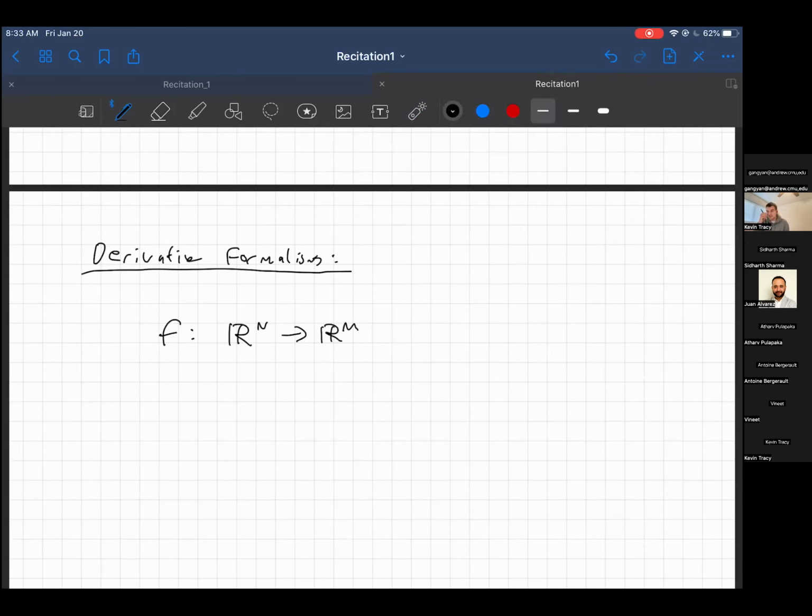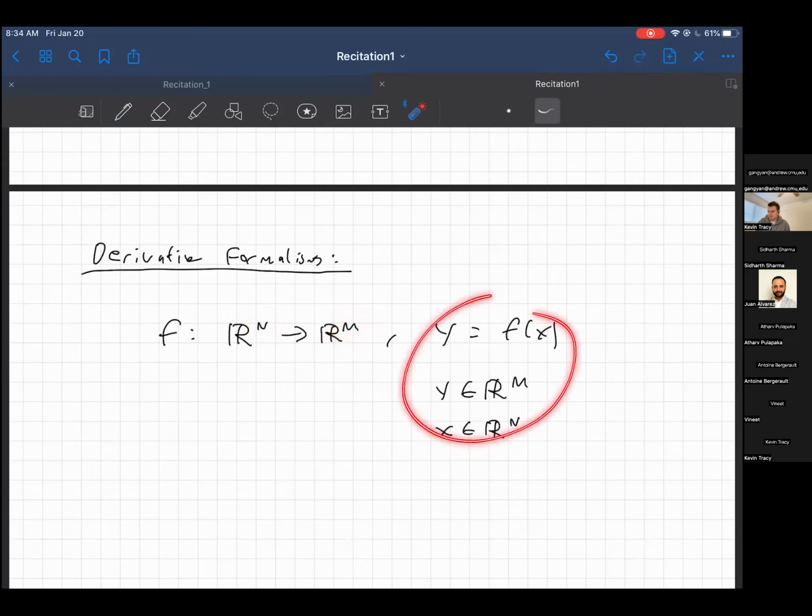If you haven't seen something like this, it's kind of confusing notation, but basically what it means is that if I have some function y equals f of x, this is telling me that y is in Rm and x is in Rn. So f is a function that maps from vectors of length n to vectors of length m, which is just this right here.